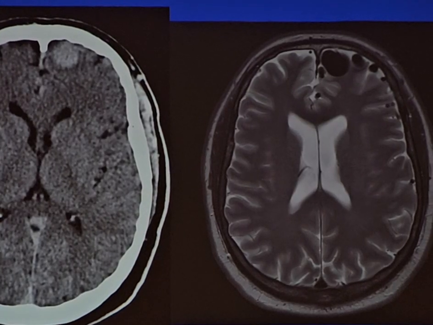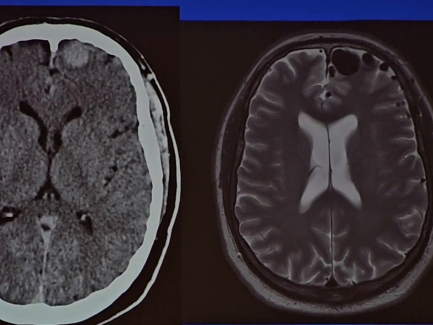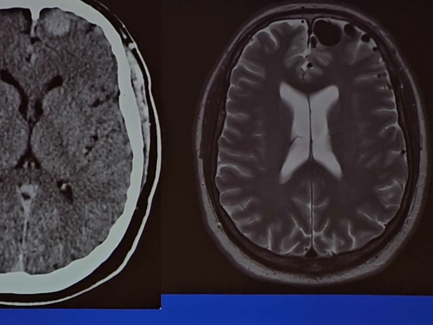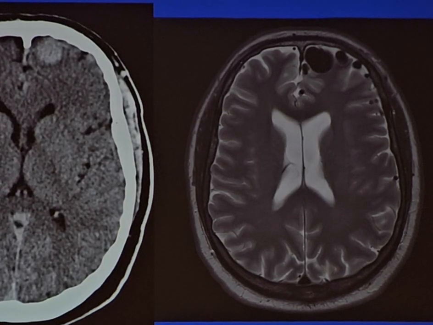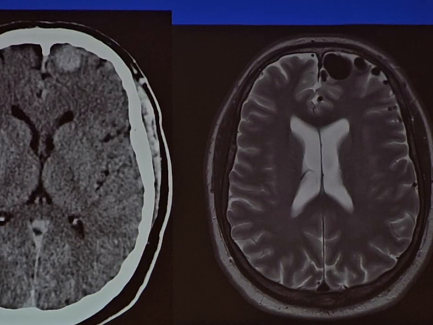What's the supply to that area of dura? Ethmoidals. So yes, the ethmoidals will give meningeal supply to that area. It will give the falx and the cribriform area supply. So we're going to have ethmoidal supply, which comes from the ophthalmic.